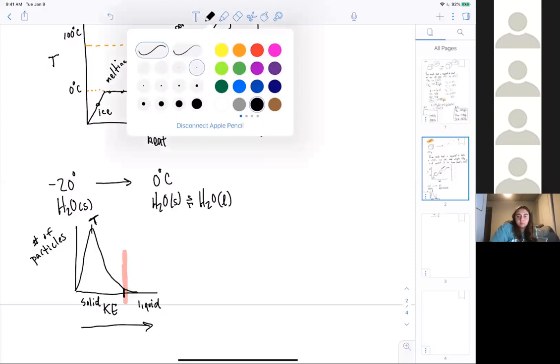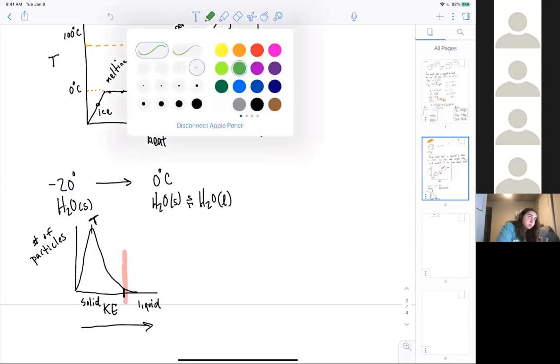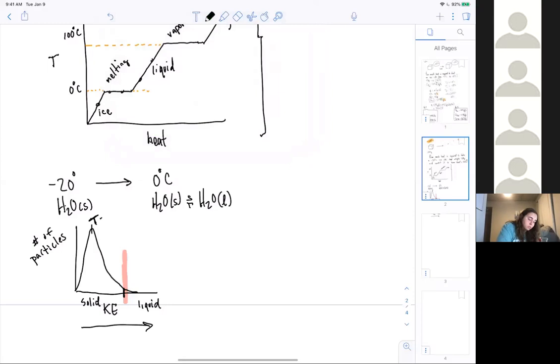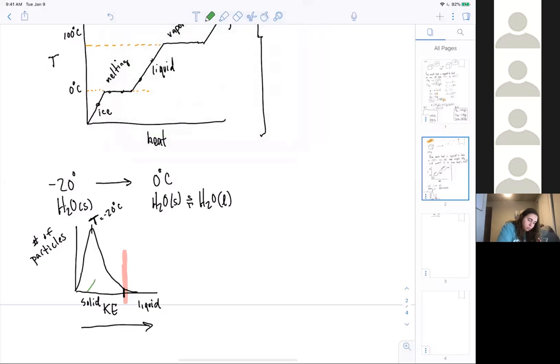As I start to increase the temperature from left to right, let's say this is minus 20 degrees Celsius. As I increase the temperature, things start to broaden.